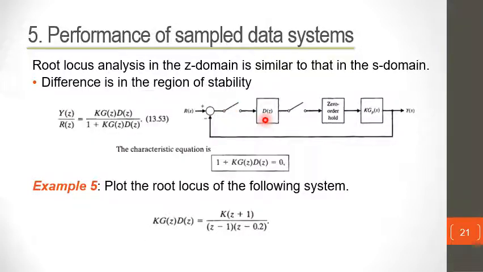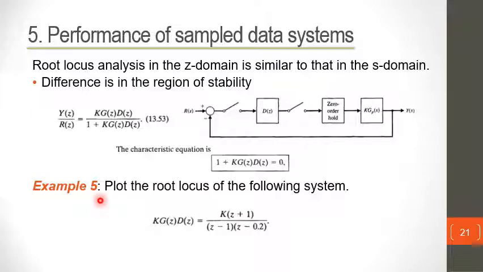So you can find the root locus here of what happens to the closed loop poles as the parameter k changes. This becomes your characteristic equation, 1 plus k G of z D of z, and so the same thing applies.